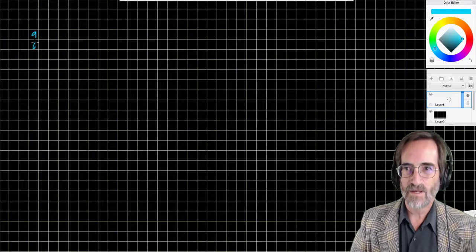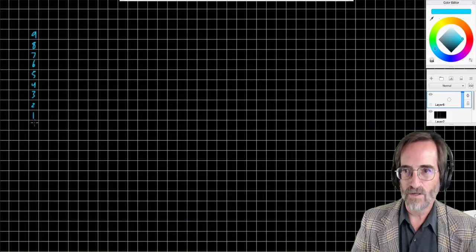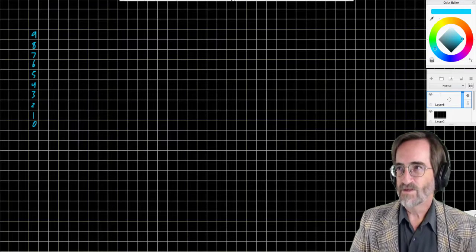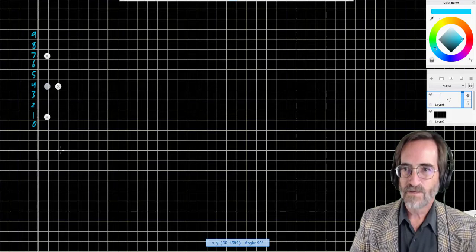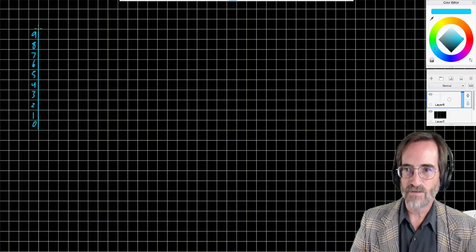So 9, 8, 7, 6, 5, 4, 3, 2, 1, 0. That's our stem, and our leaves will be the ones place. So these are the tens place, and to the right will be the ones place.